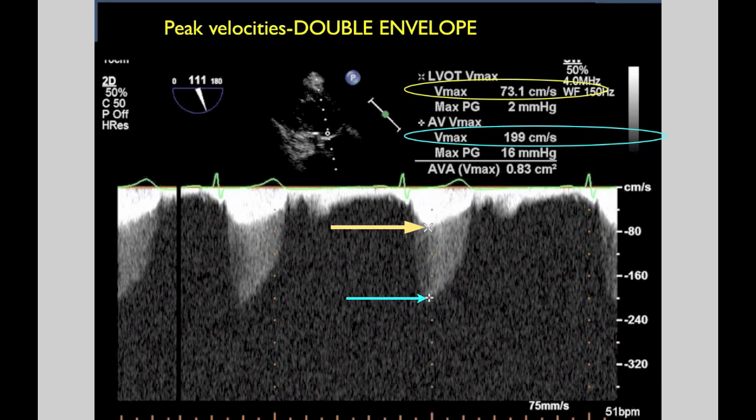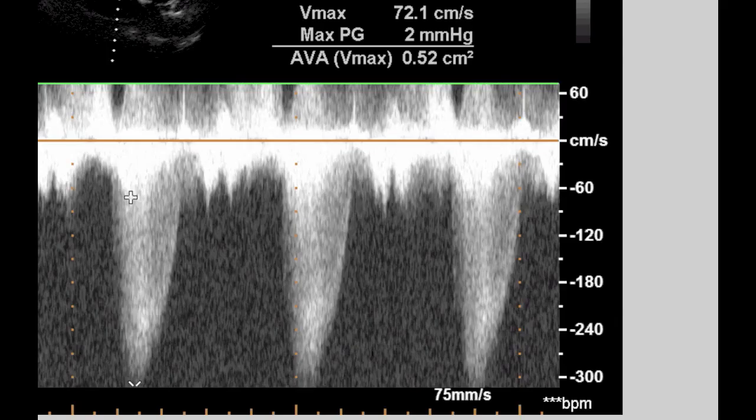Here we have an aortic valve area that was calculated at 0.52 with this double envelope technique using peak velocities. Notice that they've simply put the samples at the peak of the left ventricular outflow tract gradient, which is that lower gradient, and at the peak of the aortic valve gradient, and use that to approximate velocity time integrals.